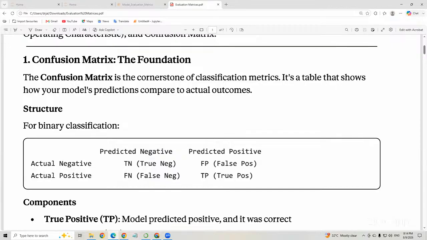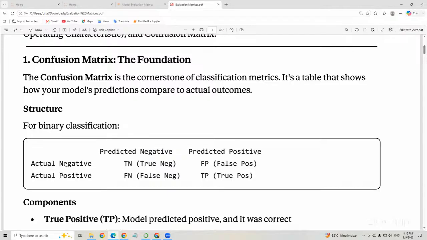Just like yesterday, as you can see here, on the left-hand side we have actual negative and actual positive, based on the data set, and on the top we have predicted negative and predicted positive.